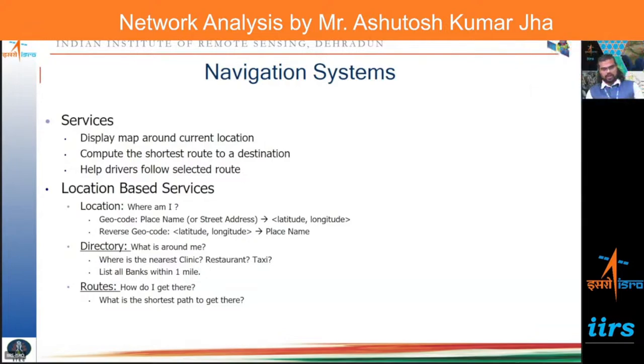You will have lat-long values available from your devices, mostly mobile devices nowadays. Small devices have a GPS system which just gives the latitude and longitude values. But once you have those values, they need to be converted to a real-time location. So that location gets converted through geocoding services.